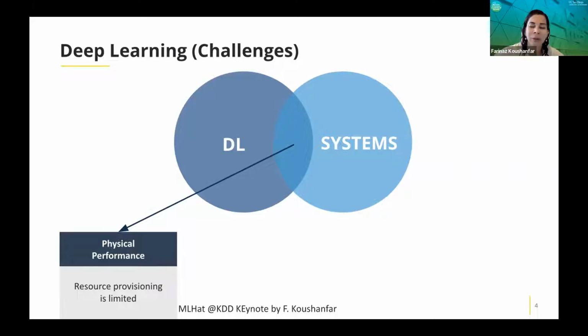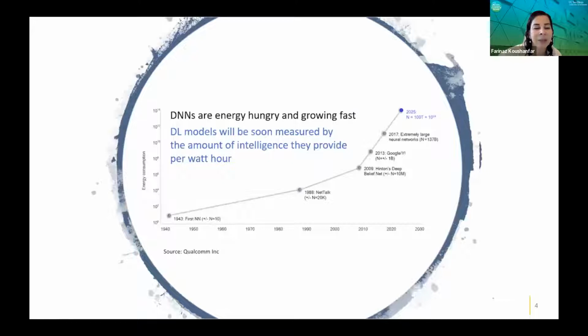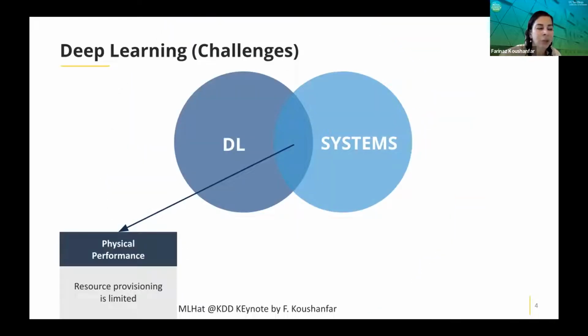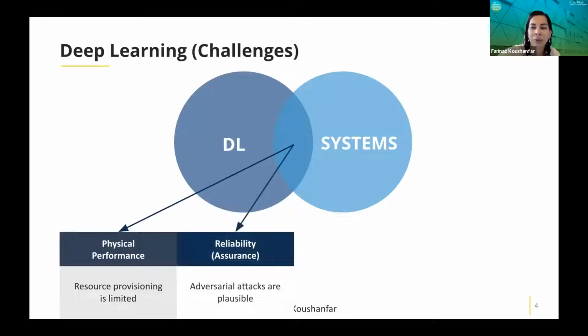It's a hybrid: you have AI on the cloud, you have AI on the edge, and how do you mix them? The bottom line is that these models are energy hungry. They're growing fast in terms of resources, and the resources are not just compute and memory resources. As you use more learning on the cloud, it will also get into the communication constraints of your system.